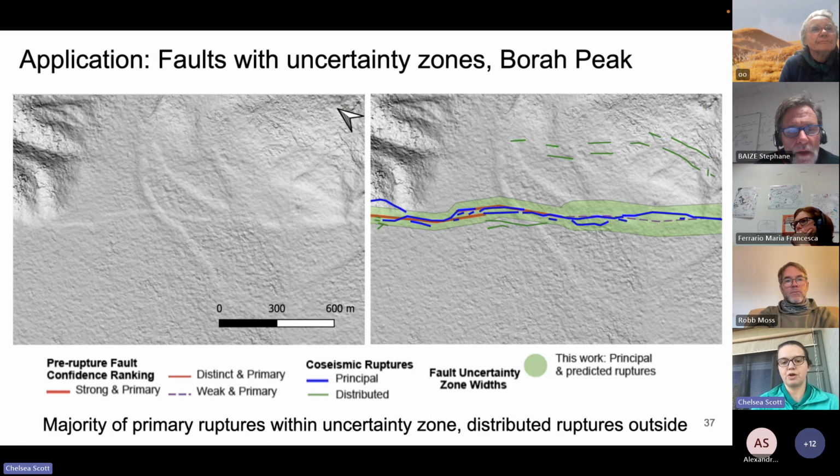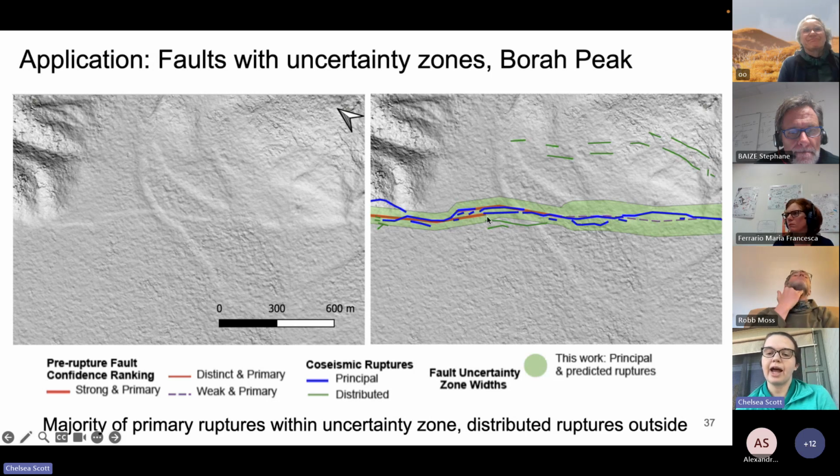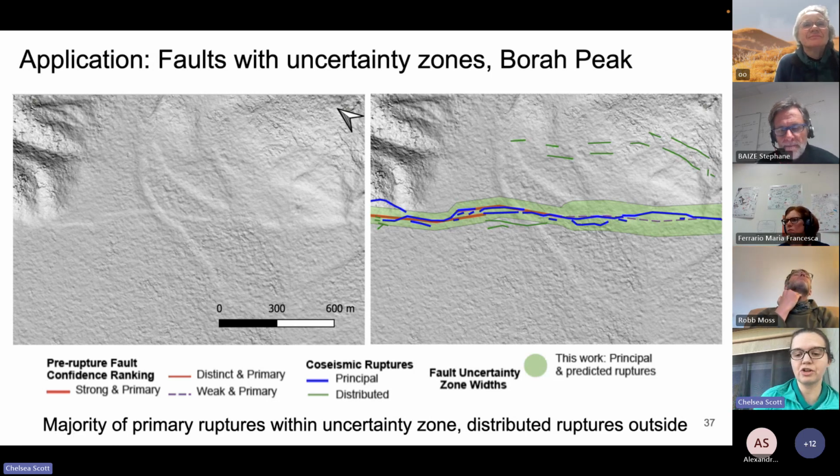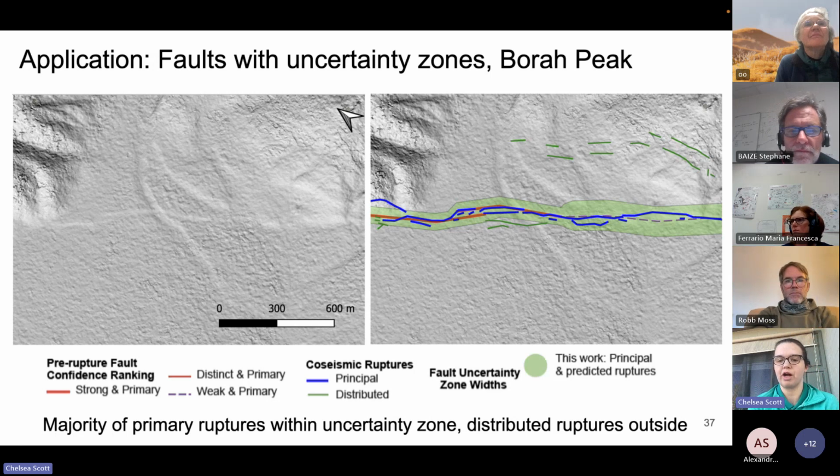The principal rupture is shown in blue, and the uncertainty zone for principal and predicted ruptures is shown here in green. And that does contain the majority of the primary ruptures, as we would expect from this analysis.